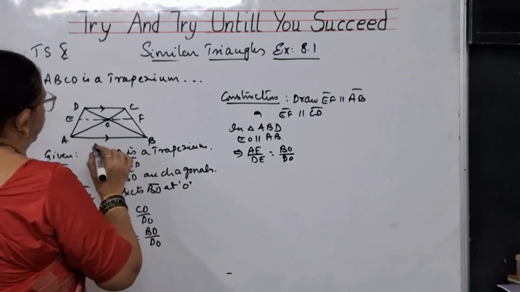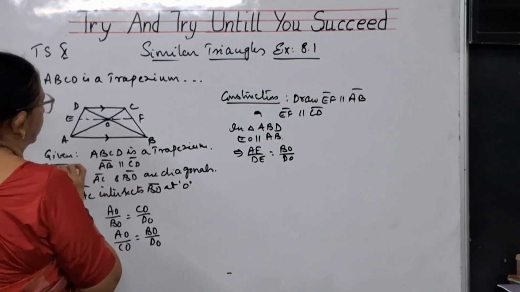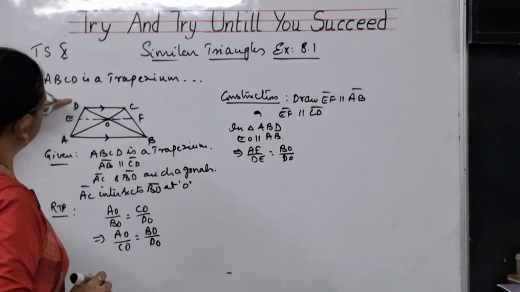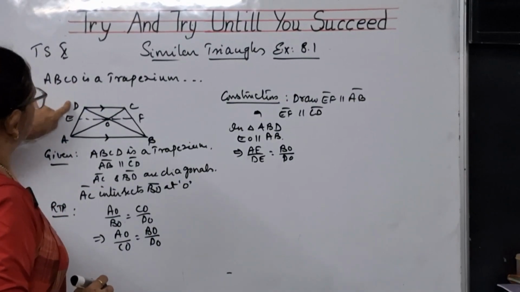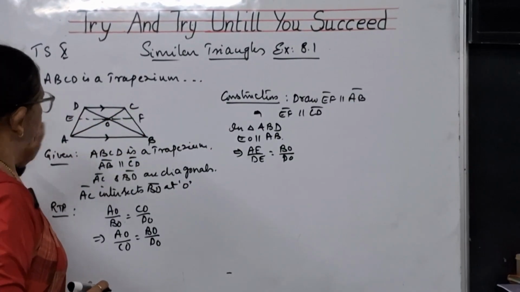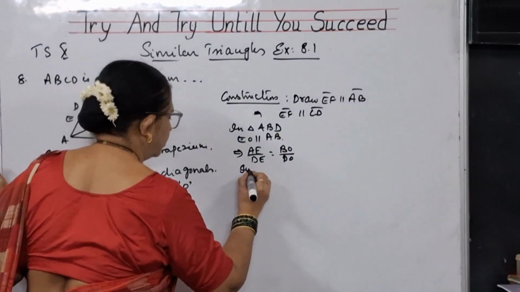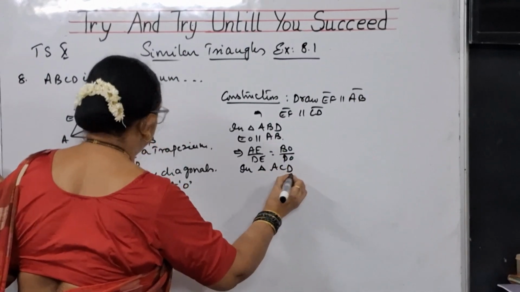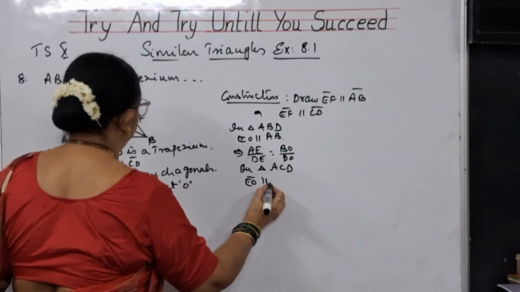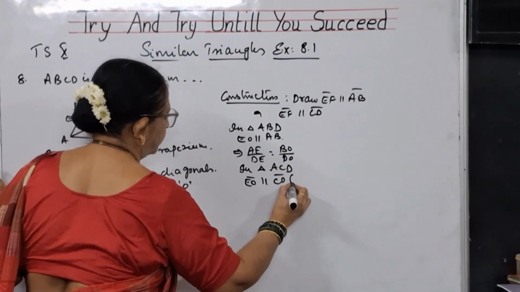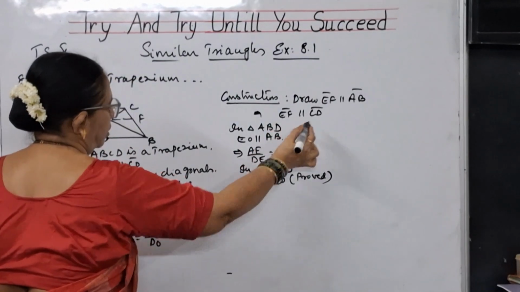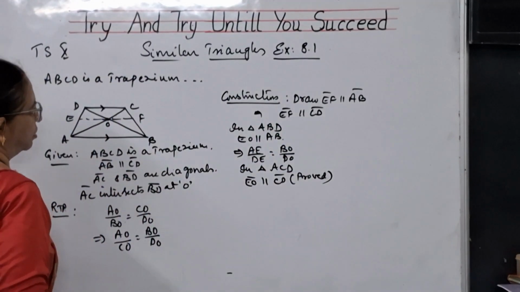Now, if you take triangle ACD, in this triangle, what you will be getting? In triangle ACD, EO is parallel to CD. We have just now proved it. Proved it in the sense here I have taken EF is parallel to CD.